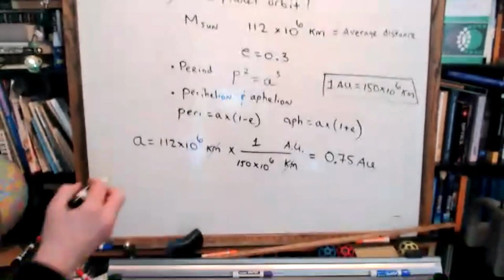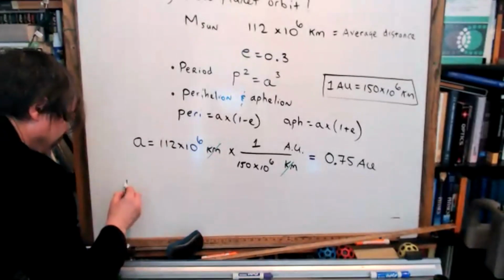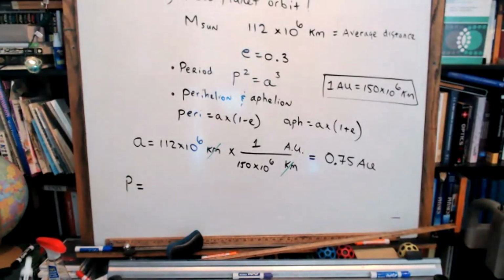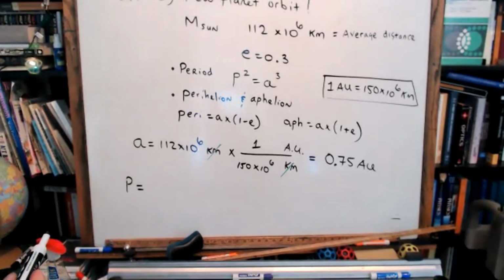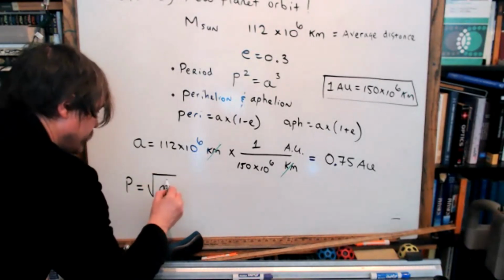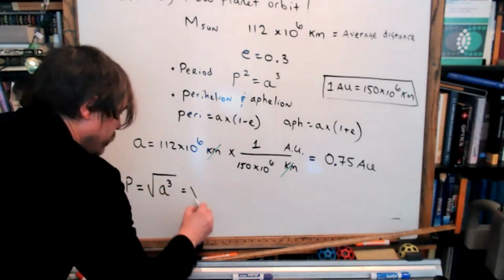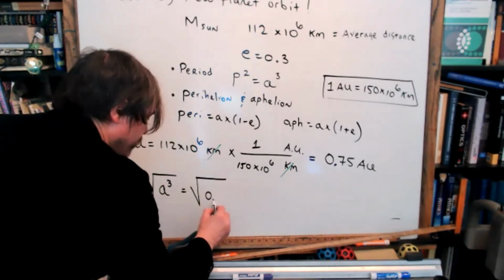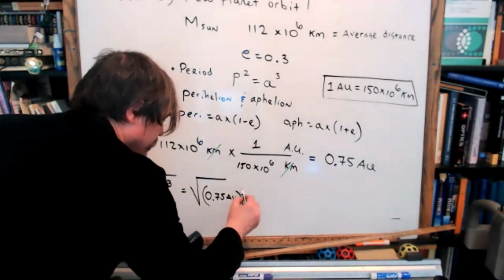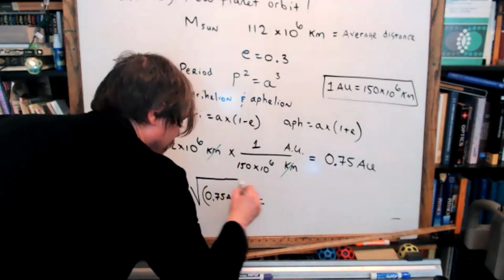All right. So if I were to write P is equal to, what should be on the other side of that formula? The square root of A cubed. Very good. So we want the square root of 0.75 AU cubed. Why don't you guys see if you can do that without my help?